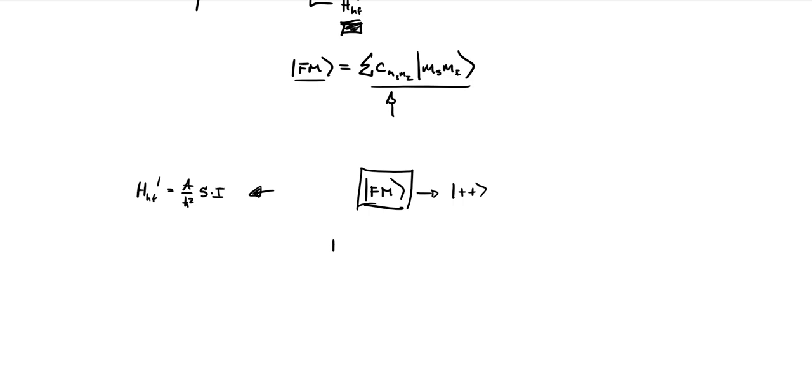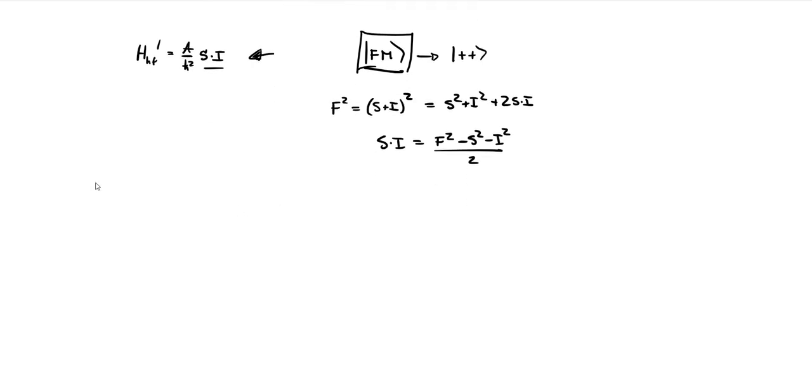We defined F as S plus I, so F squared is just S squared plus I squared plus 2 S dot I. So this S dot I part of our operator is just going to be F squared minus S squared minus I squared, all over 2, right?